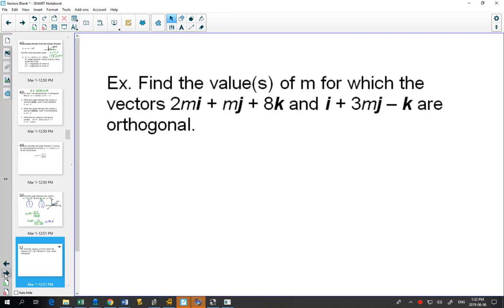Here's a new word for you. I don't know why math decided to do this, but every once in a while, they invent a complicated word that is synonymous with another complicated word. Orthogonal means the same thing as perpendicular.